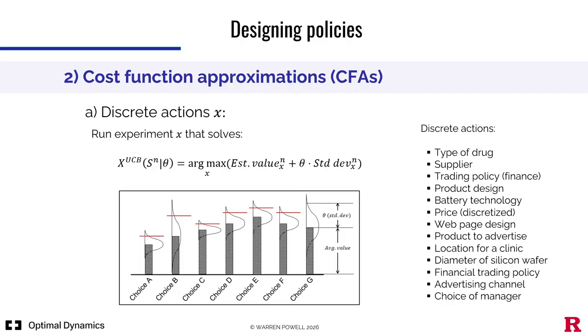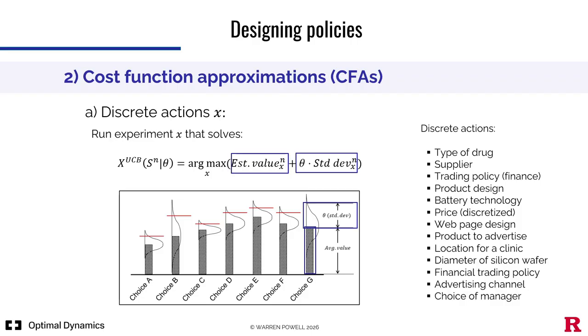I'm going to divide this into 2 categories based on whether x is something discrete or a vector. So here, let's pretend that x is a discrete choice. It's one of a set of choices, what type of drug, what supplier, what web page design. And let's say that for each choice I have an estimate of how well it works, and I have some measure of uncertainty. Now here my measure involves a tunable parameter theta.